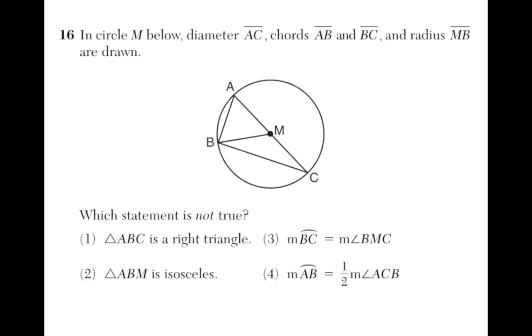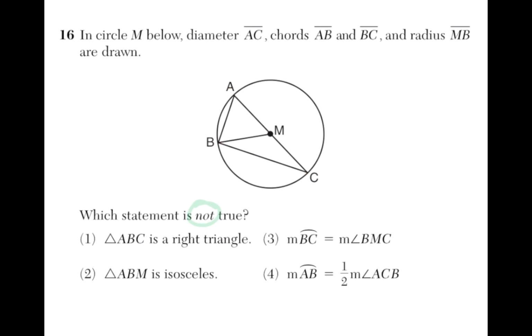Question number 16. It says, in circle M below, diameter AC, chords AB and BC, and radius MB are drawn. Which statement is not true? So this, of course, means that 3 will be true, and we've got one false statement. That's what we're looking for. Let's start with option 1, and it says triangle ABC is a right triangle. Well, it kind of looks like one if we're just eyeballing it, but that's not enough.